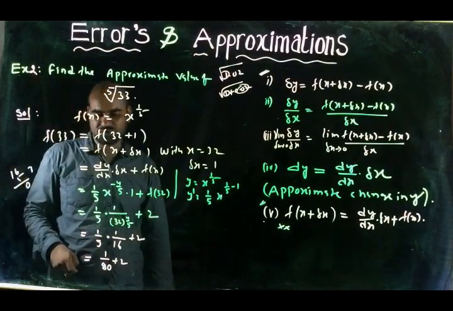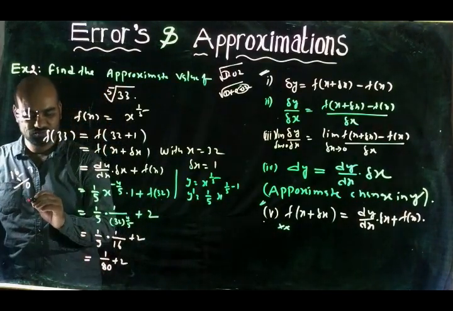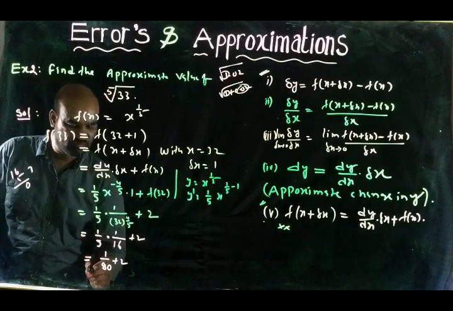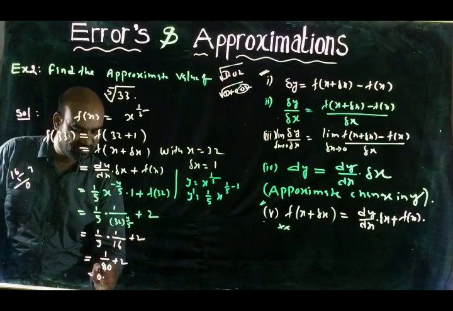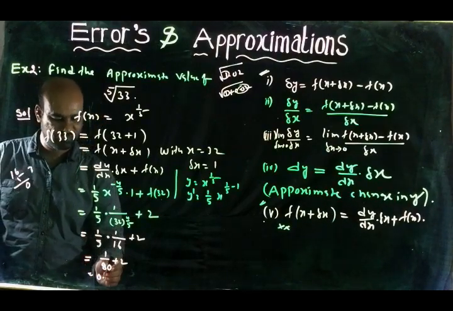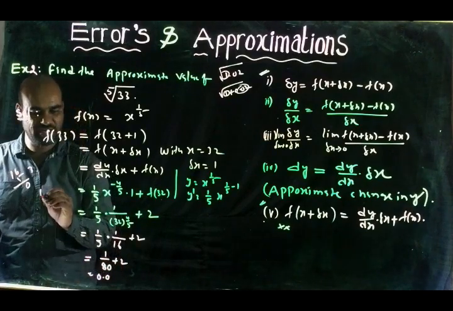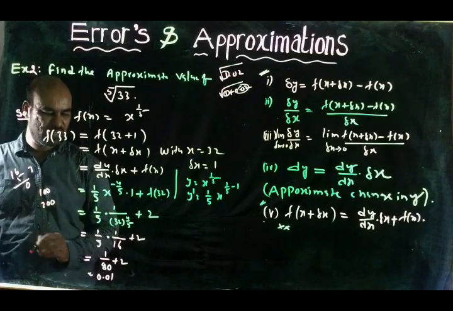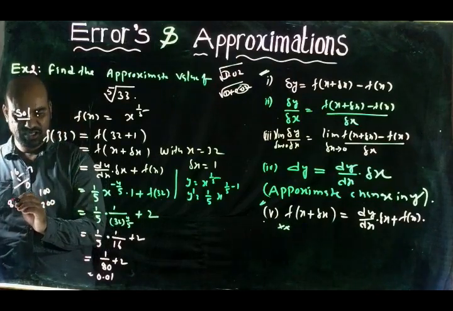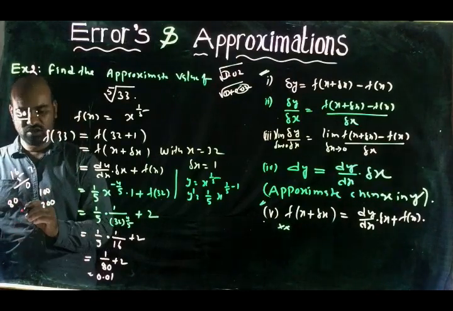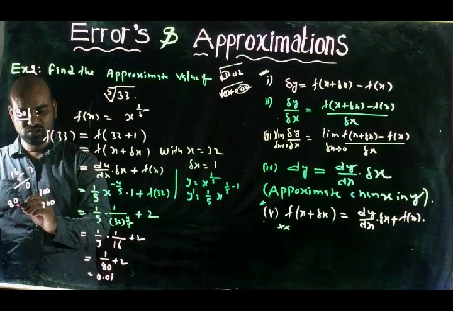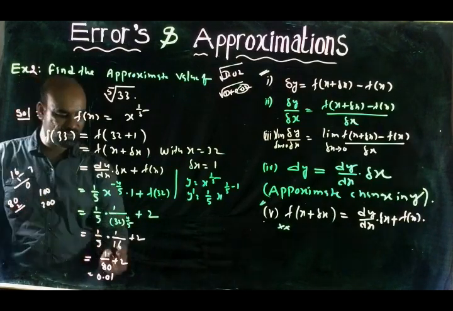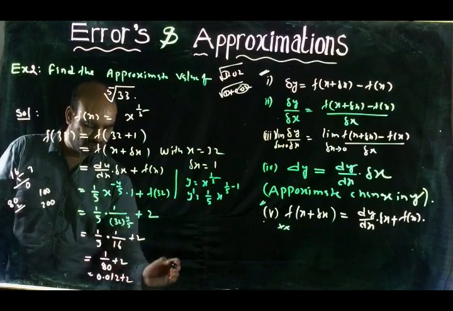So 1 by 80 should simplify. It is 0.012 approximately, plus 2.